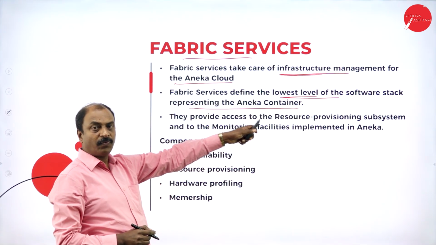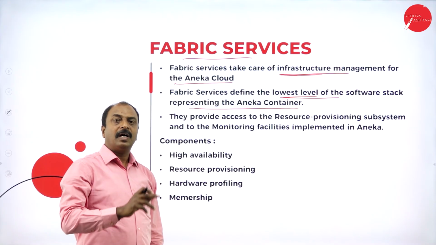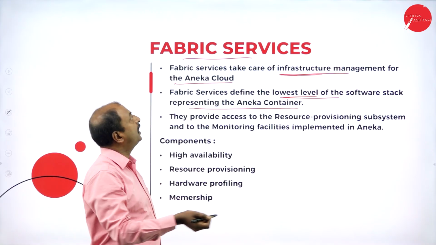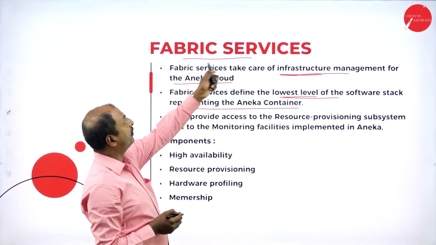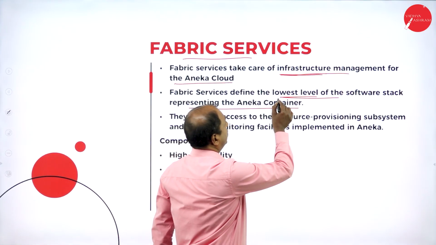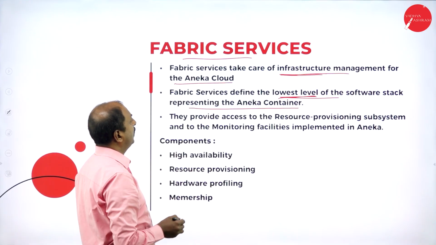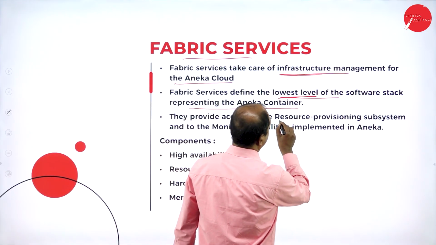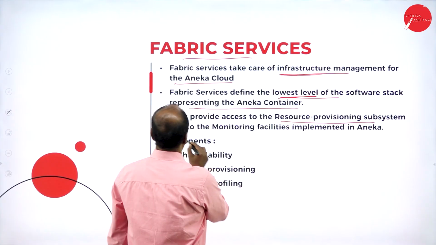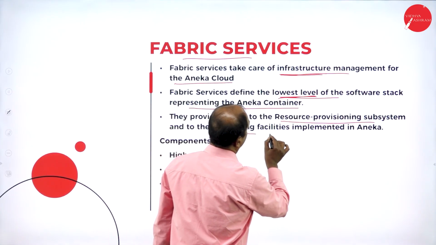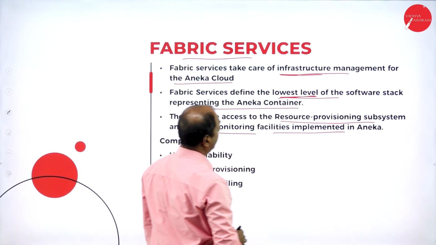So if I say the lowest level, nothing but it is at the bottom of the Aneka container. This is the third level. First we have seen in the diagram application or execution services, next foundation services, and next one is fabric services. So that is the meaning of the lowest level of the software stack. They provide access to resources and provisioning subsystems to the monitoring facilities implemented in Aneka.